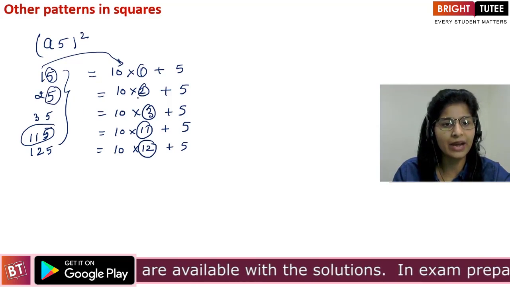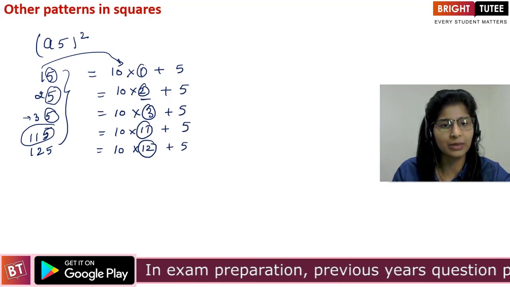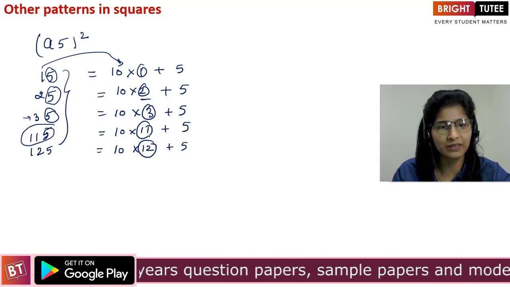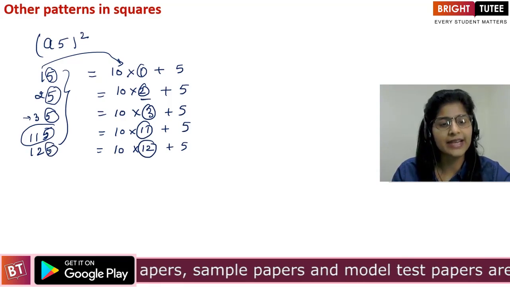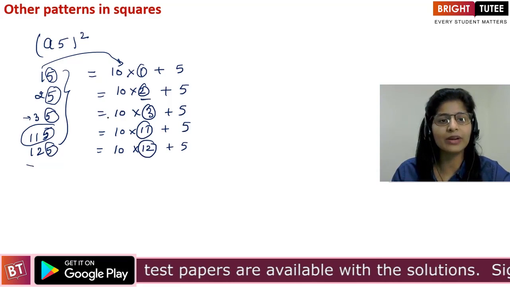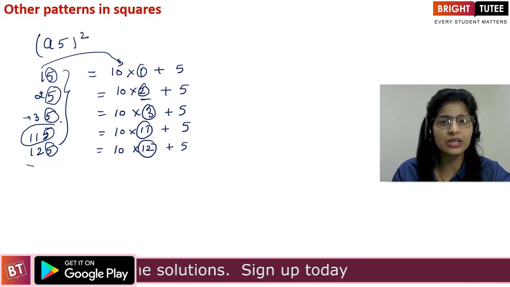Leaving 5, we have 1 here, so we multiply 10 with 1. Leaving 5 we have 2 here, multiply 10 with 2. Leaving 5 we have 3 here, 10 multiplied with 3. Leaving 5 we have 11 here, 10 is multiplied with 11. And except 5 we have 12, so 12 is multiplied. So every time, how can we express a number that has the unit digit as 5?